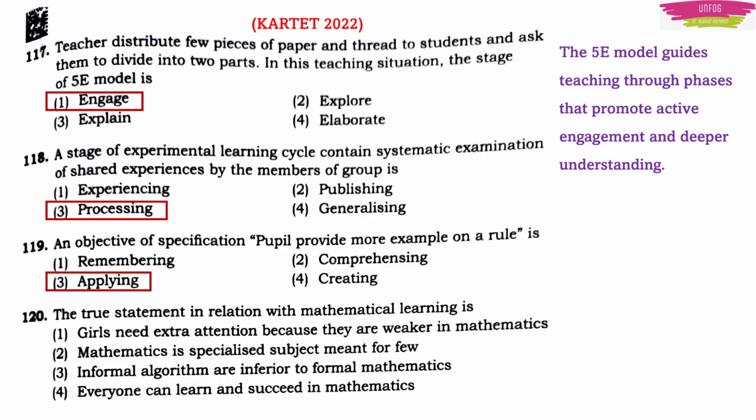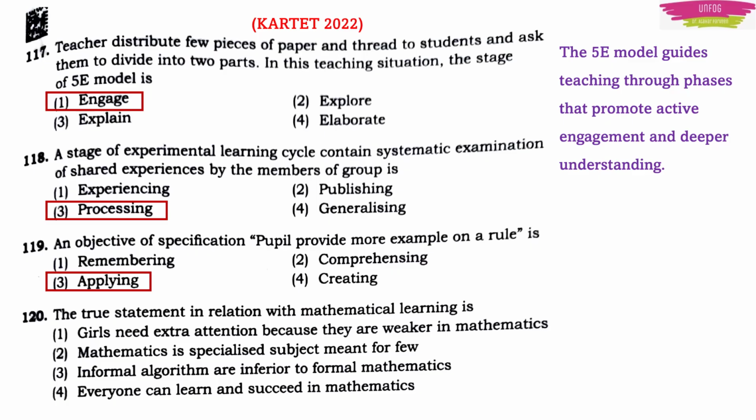Next question. The true statement in relation with mathematical learning is... You need to read the options very carefully in this type of question. You have to find out which is the true statement among these 4 options. Girls need extra attention because they are weaker in mathematics. Is it true? No, it is wrong. Next, mathematics is a specialized subject meant for few.